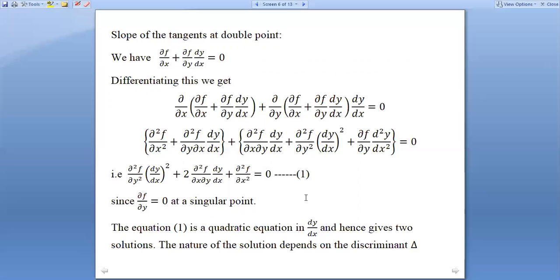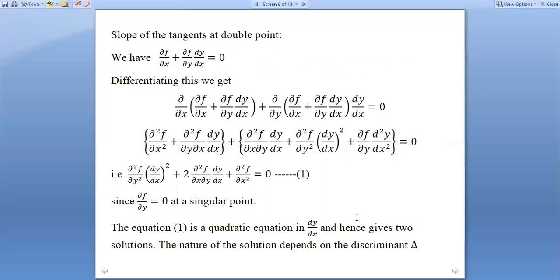This is how you find the solution of the quadratic equation. Now I denote the discriminant by delta, and that is given as b square minus 4ac. That is whatever is there under the root. That is called the discriminant.